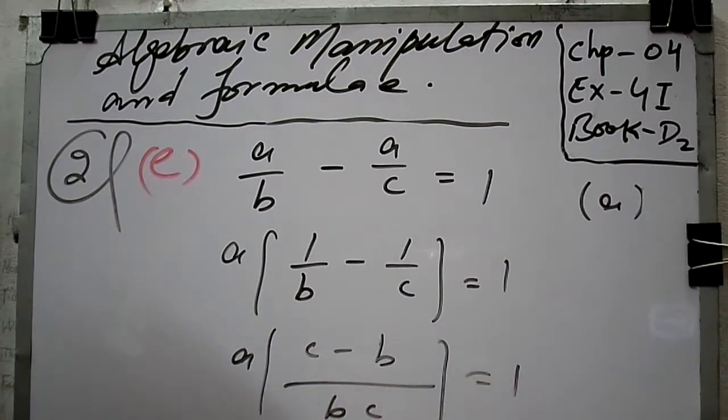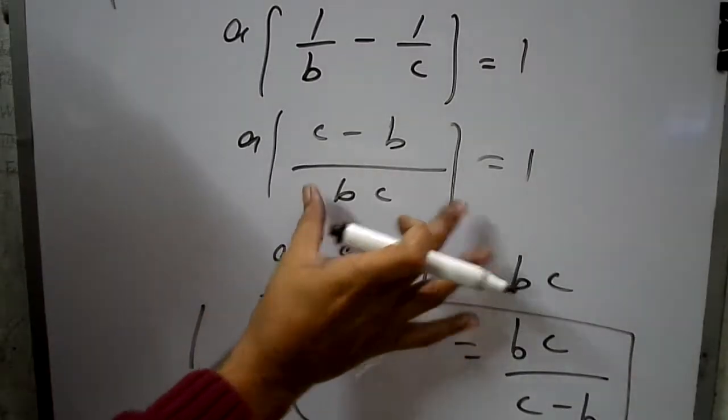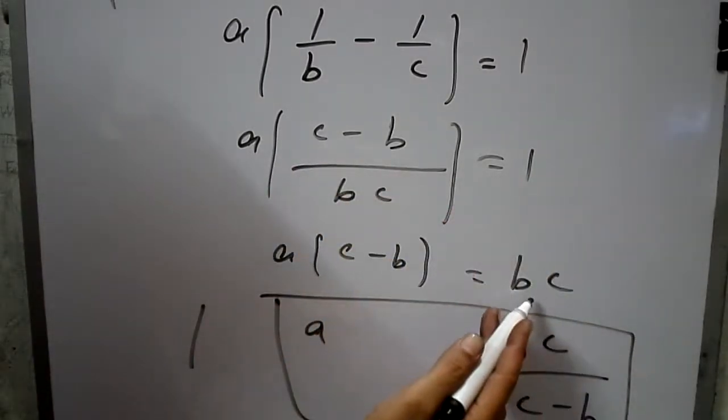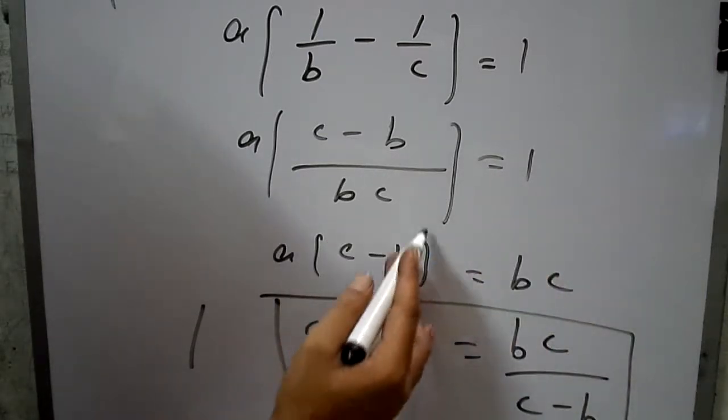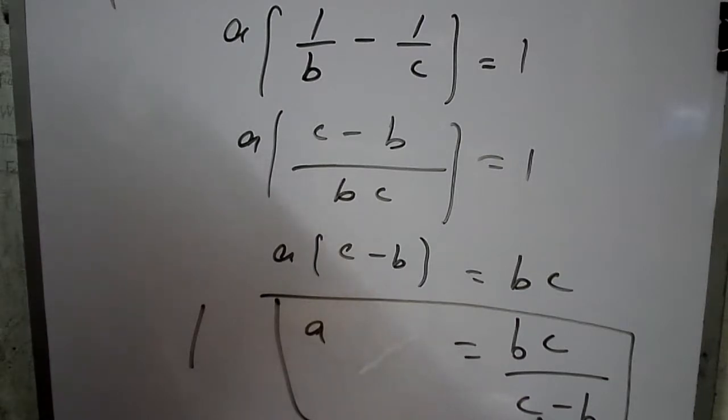By using cross multiplication, A into C minus B is equal to BC multiplied by 1, which gives BC. You need the value of A, so C minus B is multiplying, so it will be divided here, and you will get BC divided by C minus B. So here is your A as the subject.